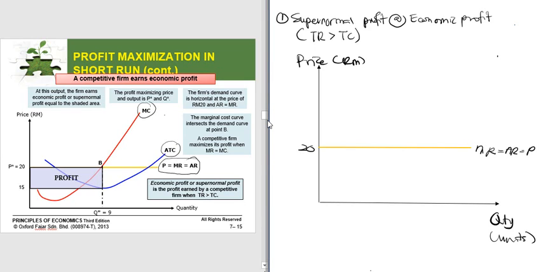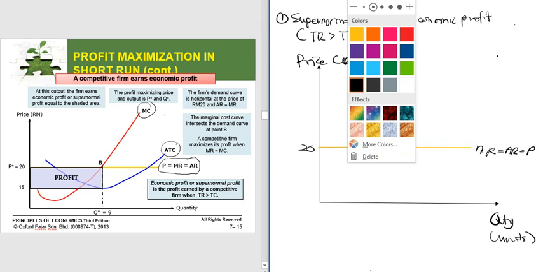Next is for you to draw the average total cost curve. For you to get the supernormal profit or economic profit, when you draw the average total cost curve, the minimum average total cost must be below the average revenue and marginal revenue curve. Let me take the blue color.